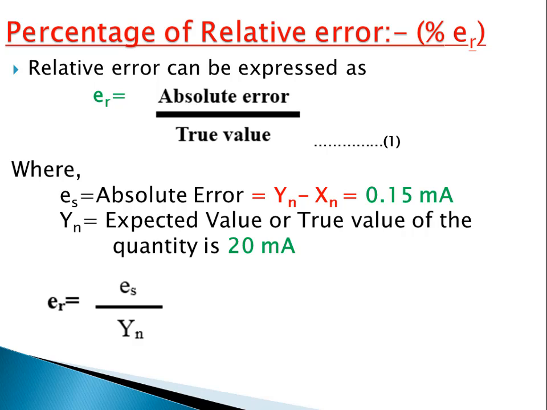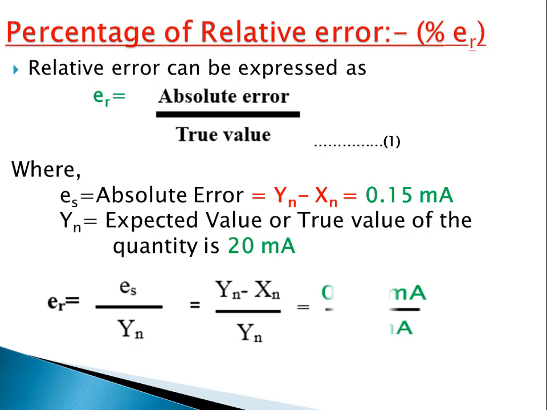Here we know that es is equal to Yn - Xn. So substitute in the equation, so that relative error er = (Yn - Xn) / Yn. Now in the given problem we know that es is equal to 0.15 milliamps and Yn is 20 milliamps.